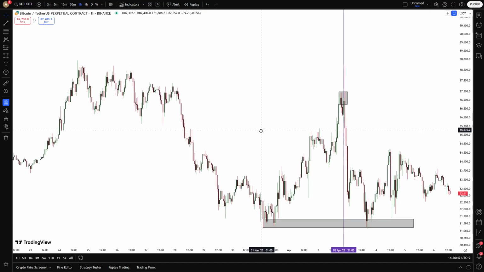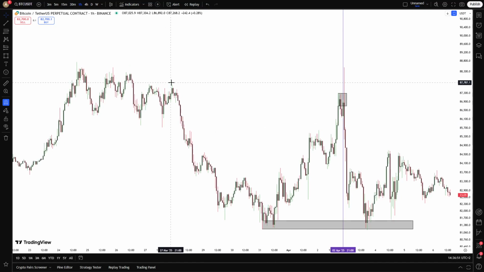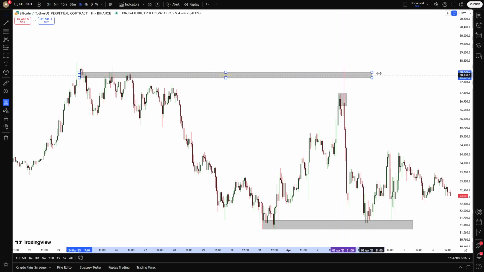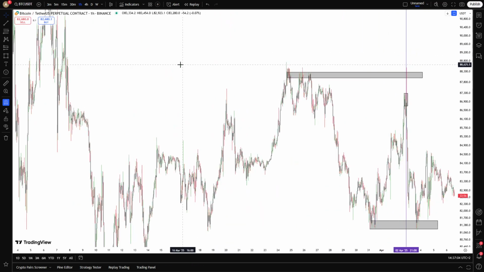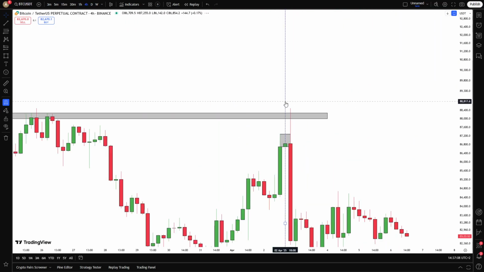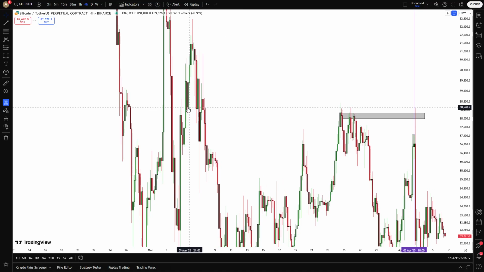And here you had this previous resistance. And if I remember correctly, looking at a macro, this also was a macro level, I think. It came from this point.